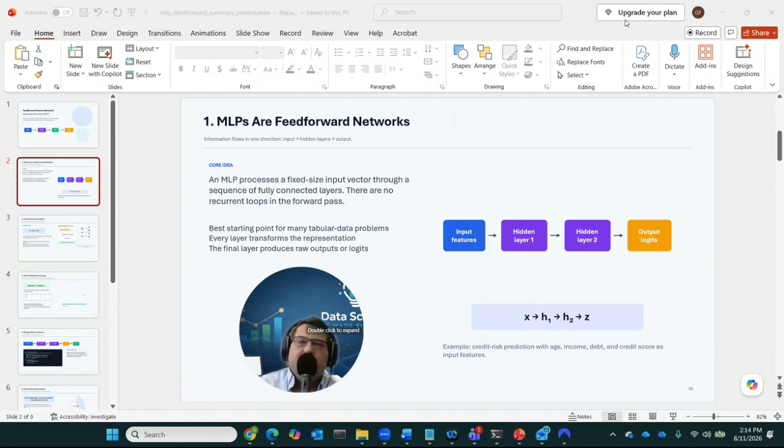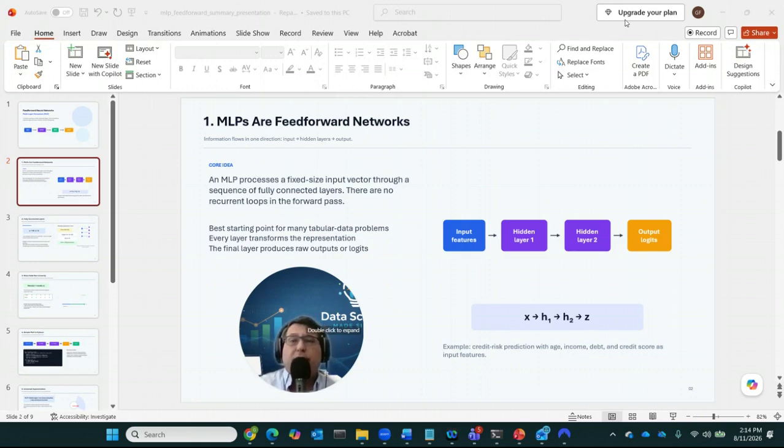That vector enters an MLP. The first hidden layer transforms those original features into a new representation. The second hidden layer processes that representation again. Finally, the output layer produces the prediction. For example, if you are doing binary classification, the final network output may be a single numerical value called a logit. Later, we can convert that logit into a probability.